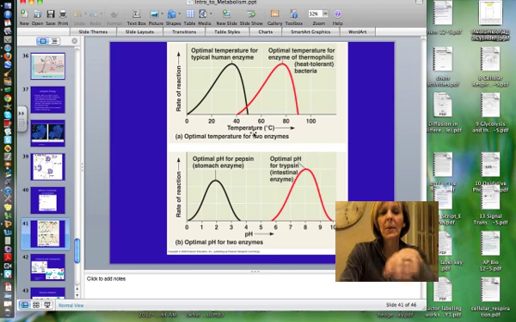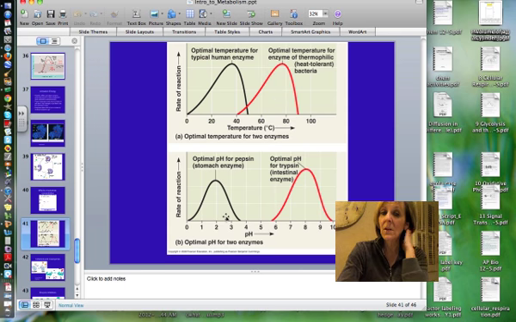Two other parameters that are going to be important with enzymes are temperature and pH. Different enzymes are going to have their optimal temperature that is best for their optimal rates of chemical reactions. So for example, in heat-loving or thermophilic bacteria, you're going to have a higher optimal enzyme temperature than you would for a typical human.